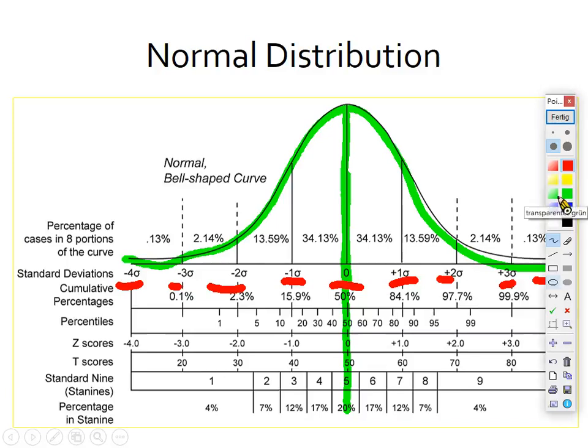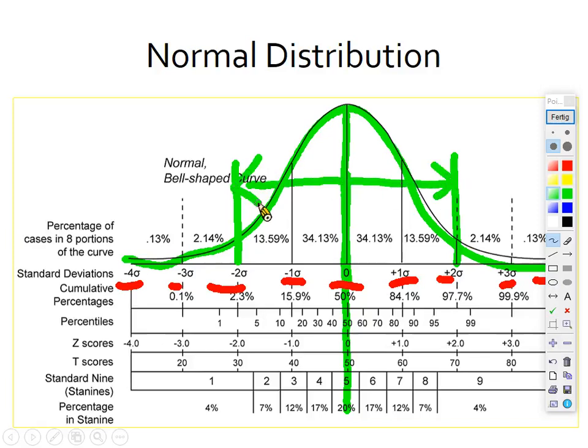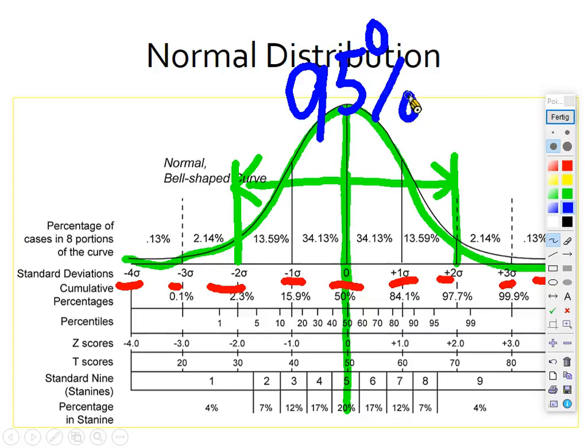Let's see. -2 and +2. Within the negative and positive 2 standard deviations, around 95% of the sample means will be located within this domain.